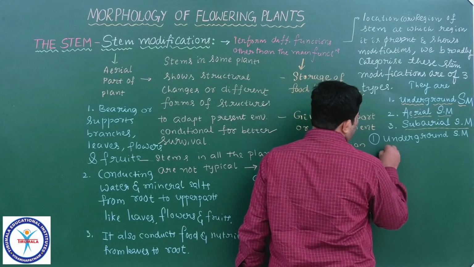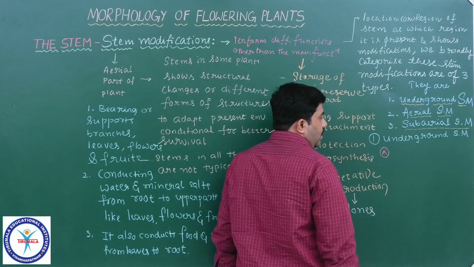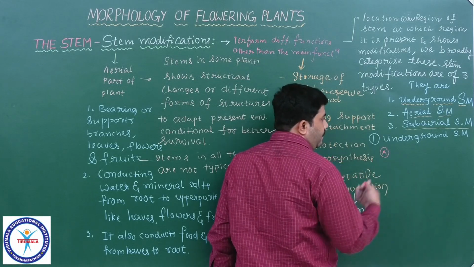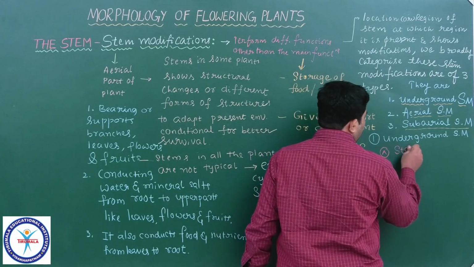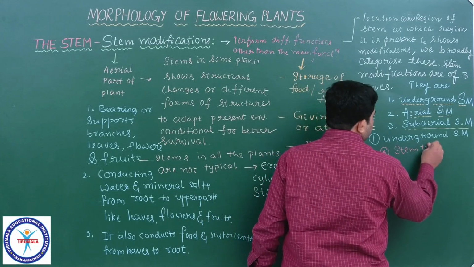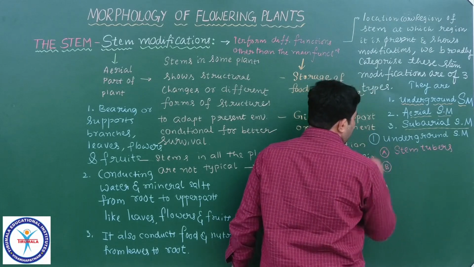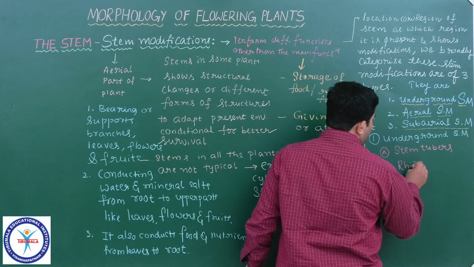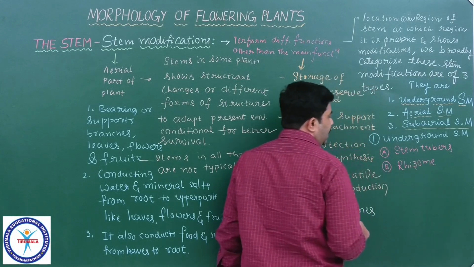In the underground stem modifications, four different types of stem modifications are given. I am labeling them with the letters ABCD. The first one is stem tubers. The second one is rhizome. You need to pronounce all these terms.